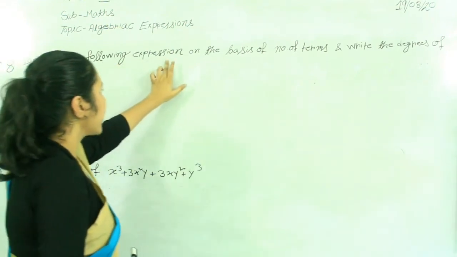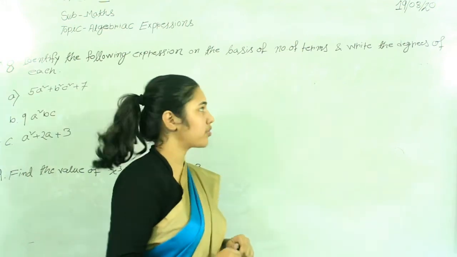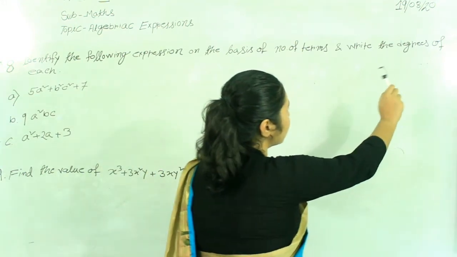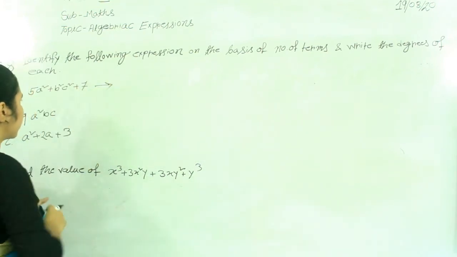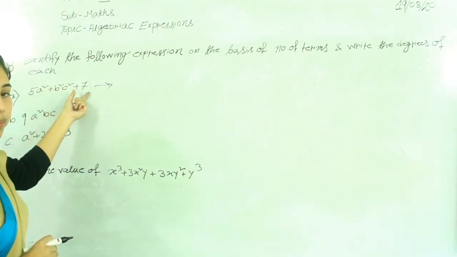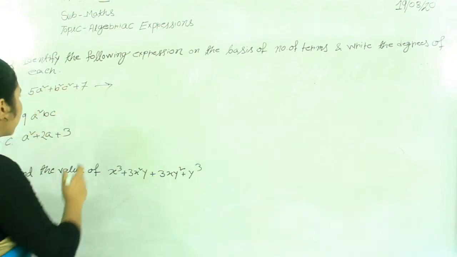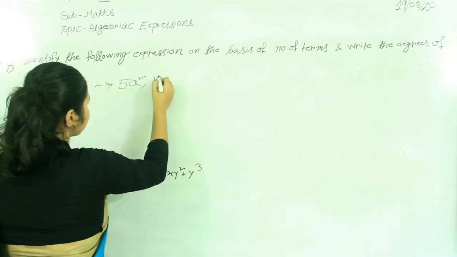Now identify the following expressions on the basis of the number of terms and write the degree of each. Consider the first expression, 5a square plus b square c square plus 7. Here we have 3 terms, right?